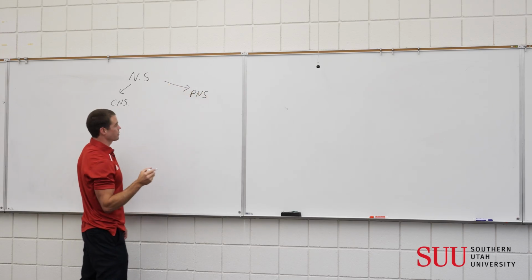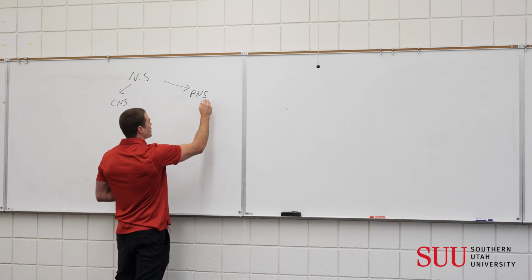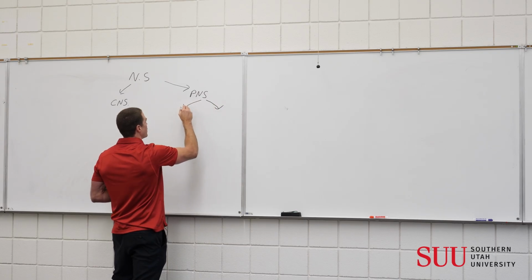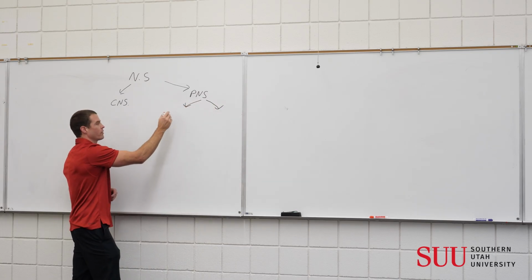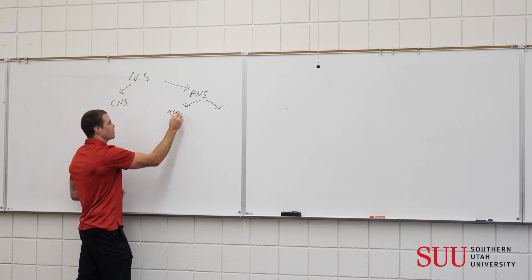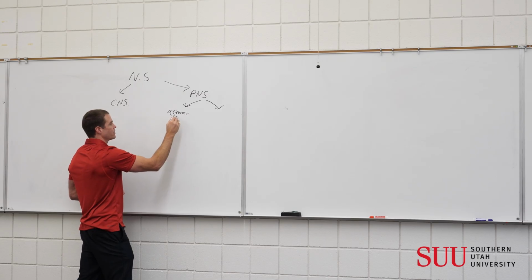PNS, the peripheral nervous system. And then we can further divide this out into two different pathways. We can call one of them the afferent pathway, or the sensory.